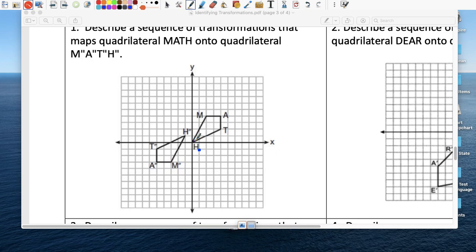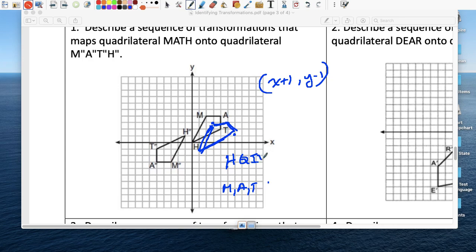One right, one down, one right, one down, one right, one down, and point A is right over here. So let's translate that shape: x plus 1 and y minus 1, and you get this shape right here.